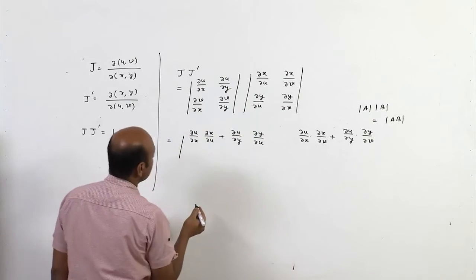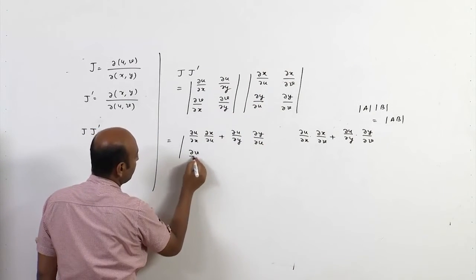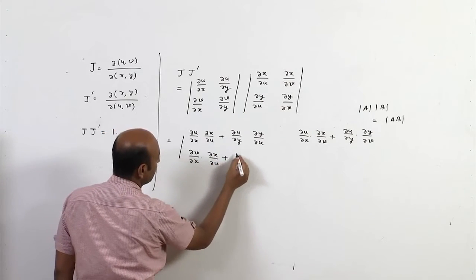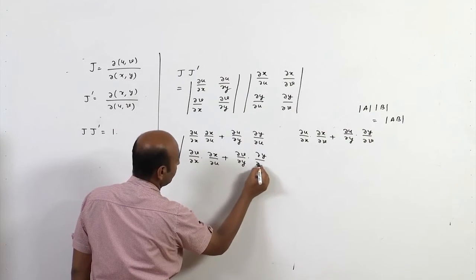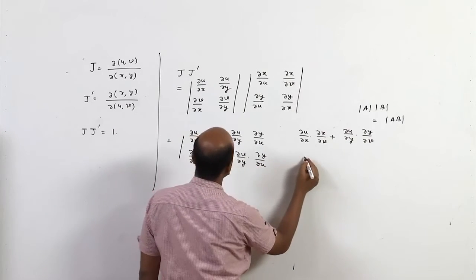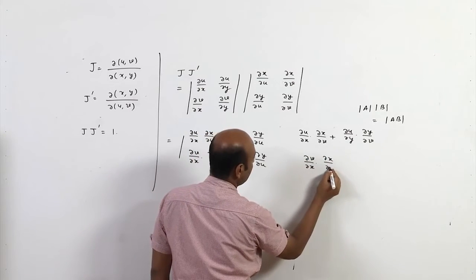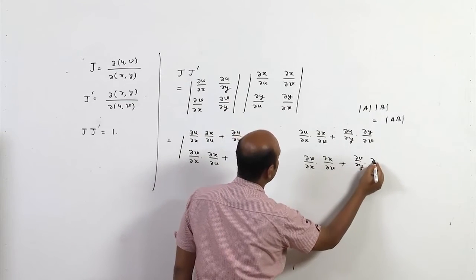Similarly, the next two terms are this row, this column, so that will be del v by del x into del x by del u plus del v by del y into del y by del u, and then this is del v by del x into del x by del v plus del v by del y into del y by del v.